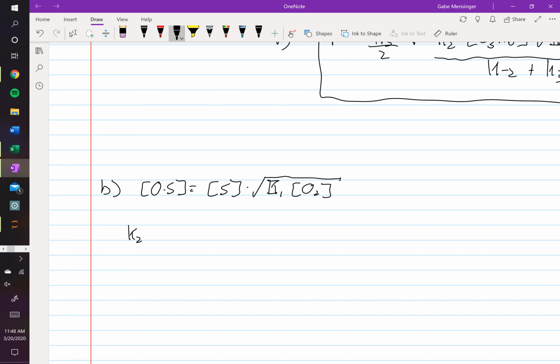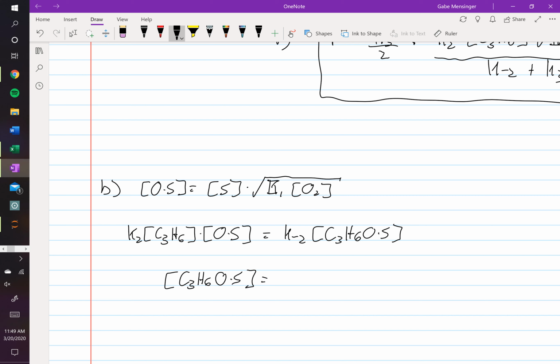So step 2, we have K2 times the concentration of the propylene times the concentration of our OS is equal to K minus 2 times the concentration of our acetone, or our surface acetone species. So solving for the C3H6OS, we get K2 times C3H6 times OS.